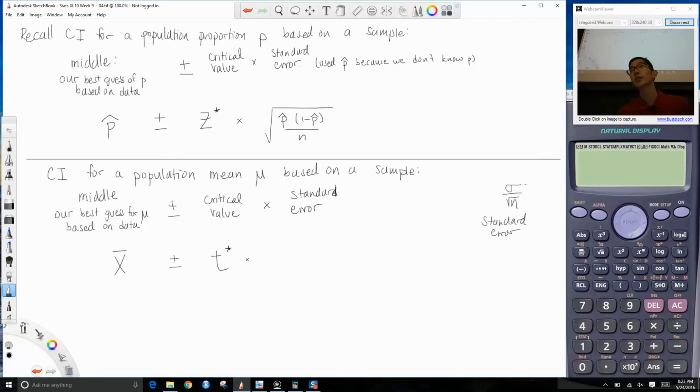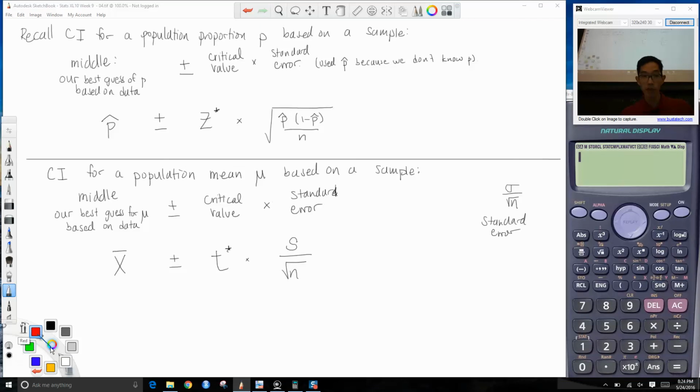If we don't know the standard deviation of the population, how do we get around that? We'll use the sample. We'll take the standard deviation of the sample. What's the symbol we use for the standard deviation of the sample? S. So I'm going to plug in S instead of sigma, and we're going to have S over the square root of n.